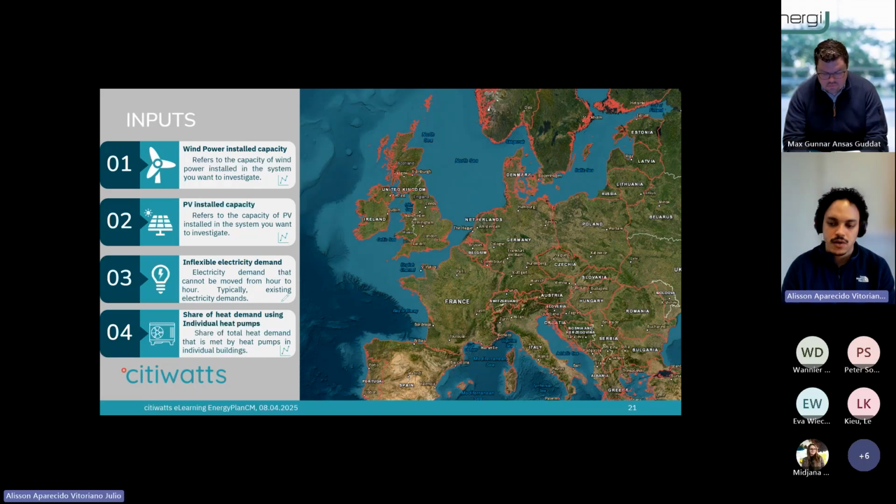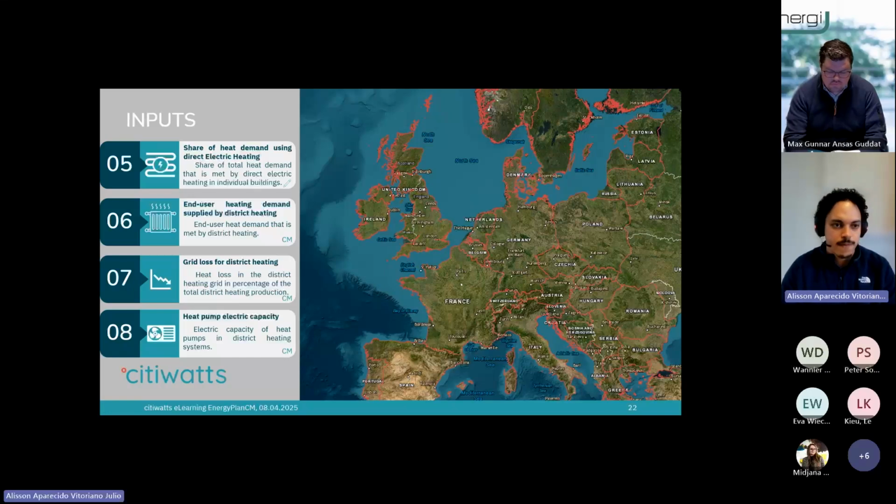Once the number desired in the future scenario for a share of heat pumps is chosen, it can be found in statistics, directives, reports, and etc. Following on the inputs, we have the share of heat demand using direct electric heating, which refers to the share of total heat demand met by direct electric heating in individual buildings.